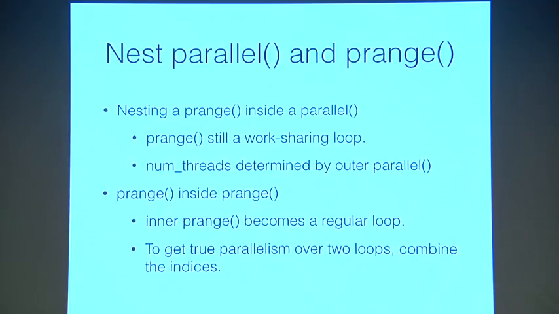So the question is, why would you want nested parallelism to be finer grained? Suppose that you've got a 2D array that you want to do parallel work over. So you do a p-range over the rows and then a p-range over the columns. Suppose some elements, not rows or columns, but some elements of the computation are very expensive and some are not. Like the Mandelbrot, yeah, exactly. And suppose they're correlated across rows for some reason.